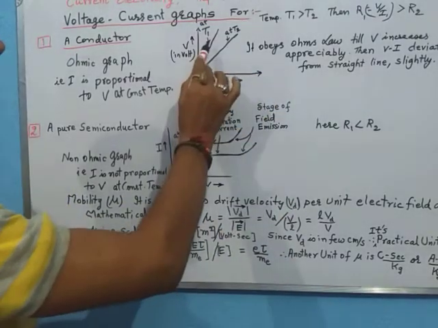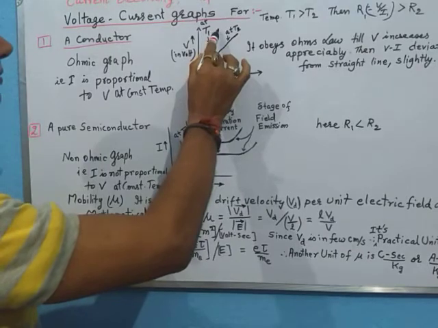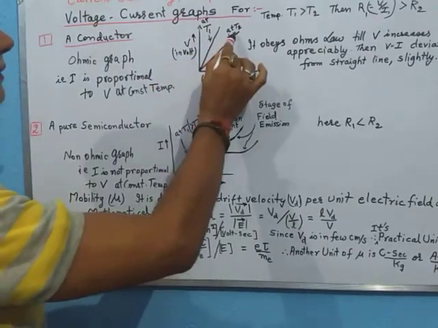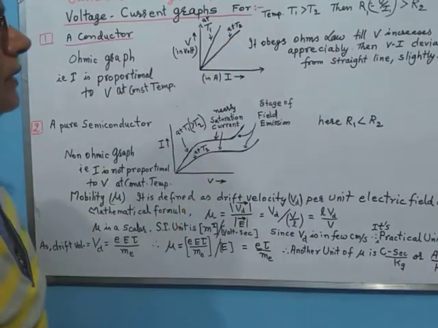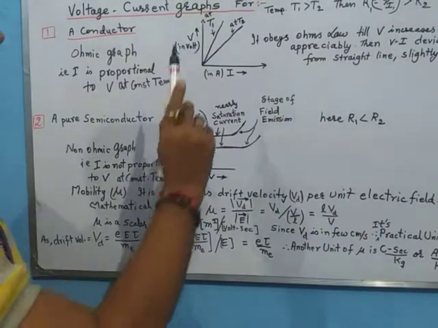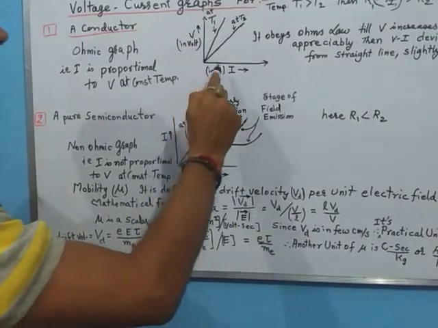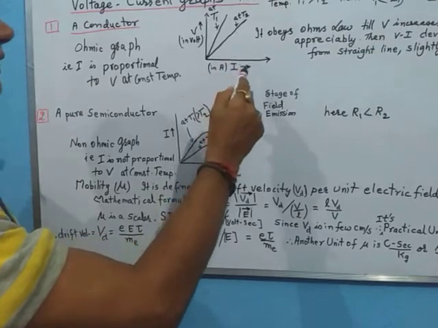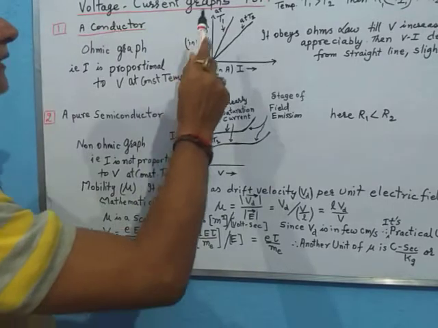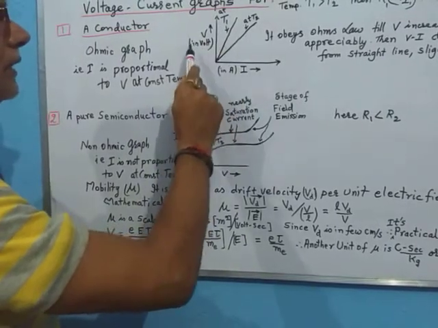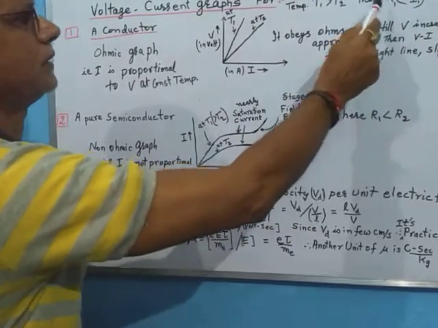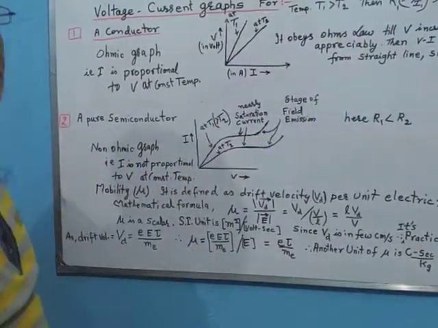Here you see the upper curve is for a temperature T1 and the lower line is for another temperature T2, such that T1 is greater than T2. Within the moderate voltage range, the linearity is maintained, and at the higher temperature, that is when T1 is greater, the resistance of the conductor will also be greater.